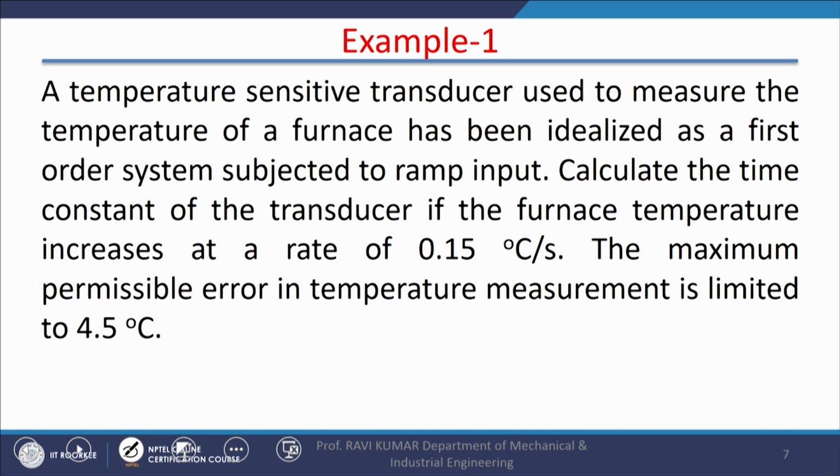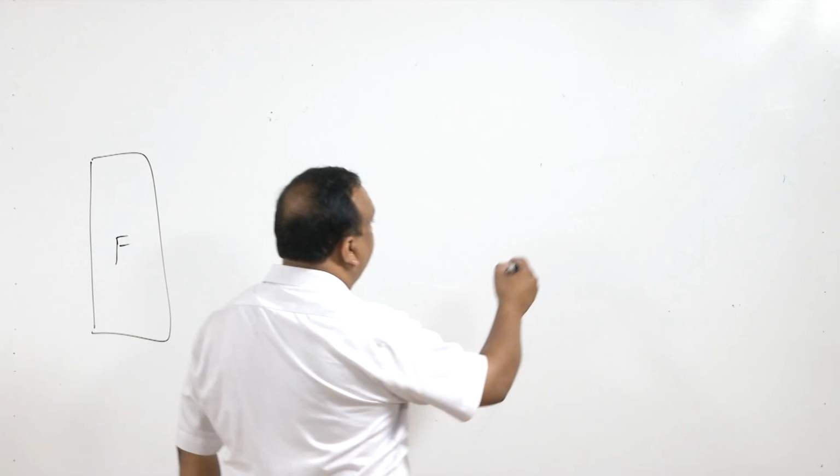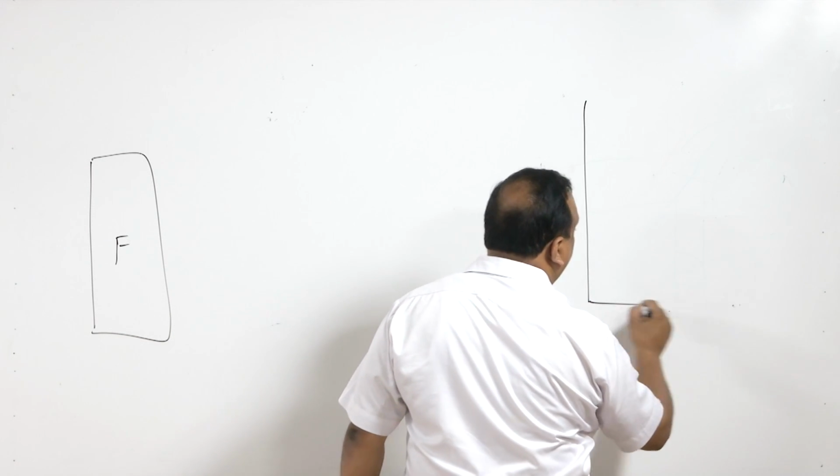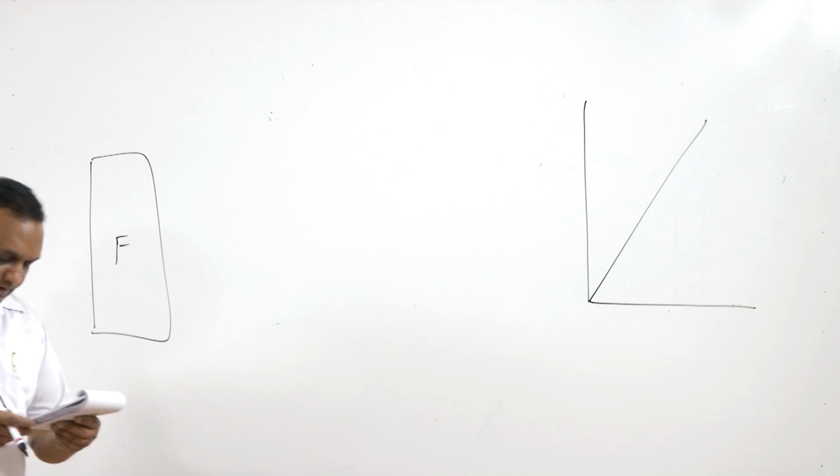So there is a furnace, and it is considered as a first order system subjected to ramp input.